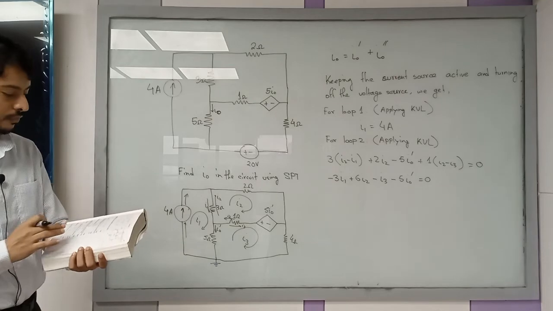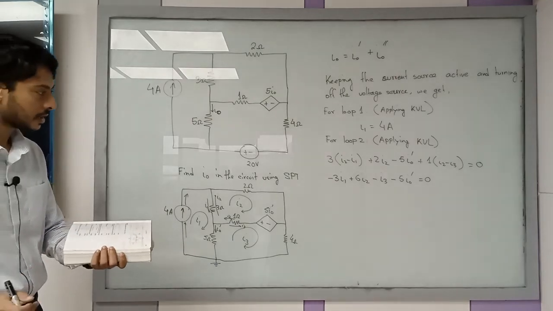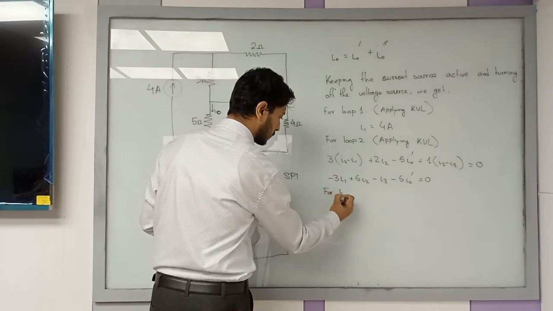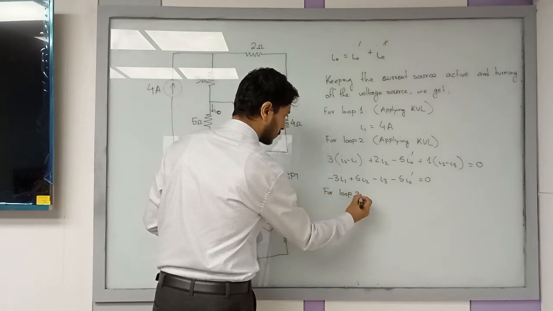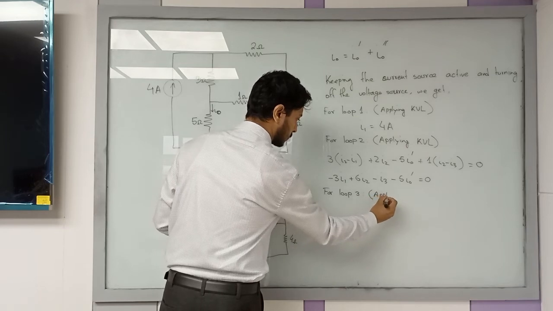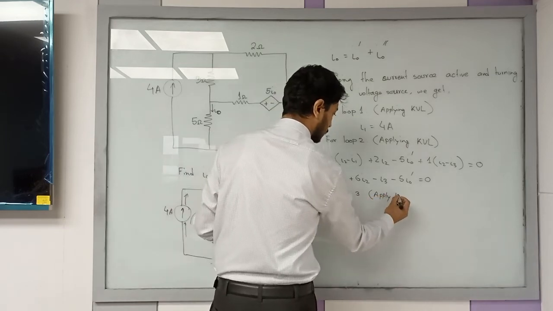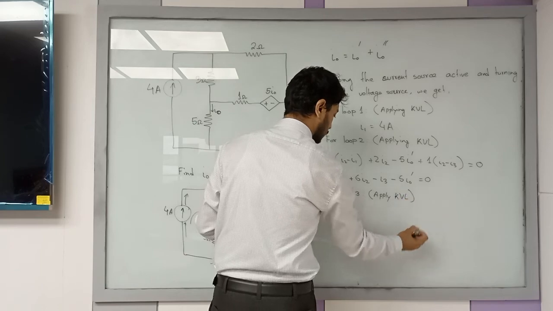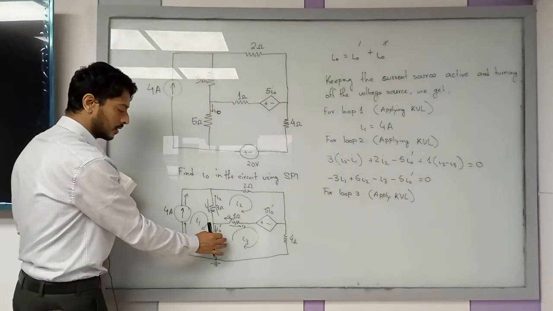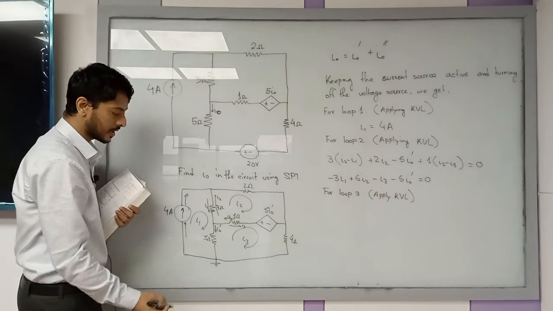And from loop 3, you will get another equation. If you apply KVL at loop 3, what should be your result?